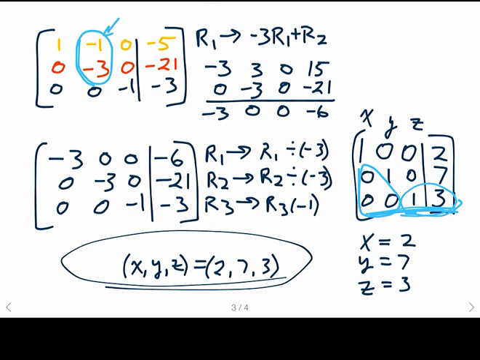As soon as we knew what z was, you could have written down whatever was in the second row and come up with a value for y. You could have then written down what was in the first row together with your values of y and z, and you could have solved the system using back substitution a few steps ago.